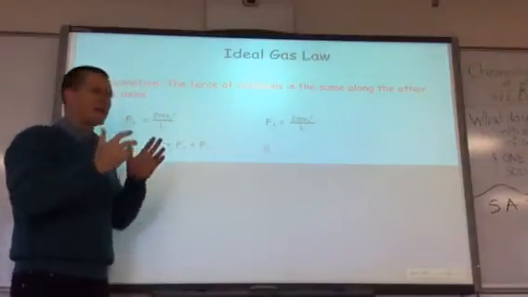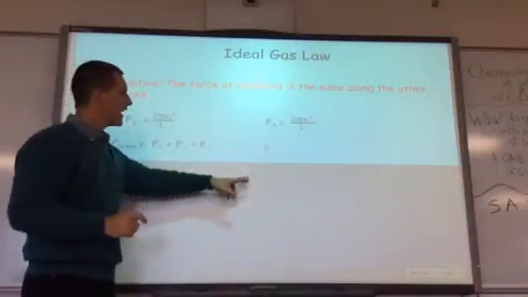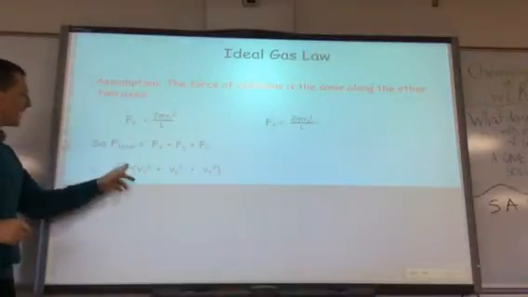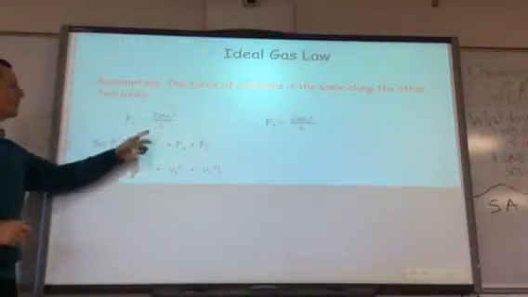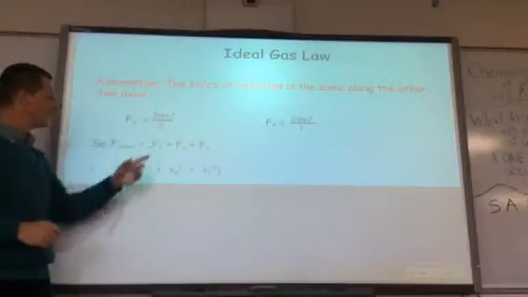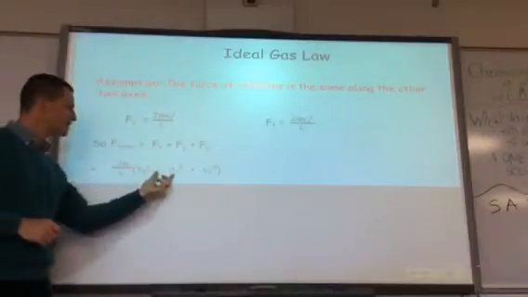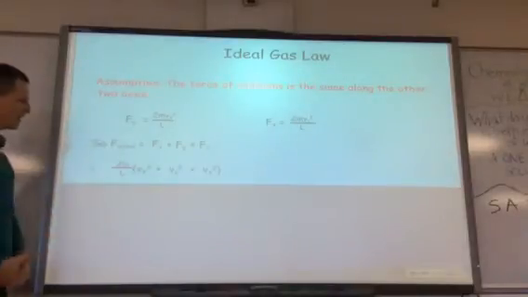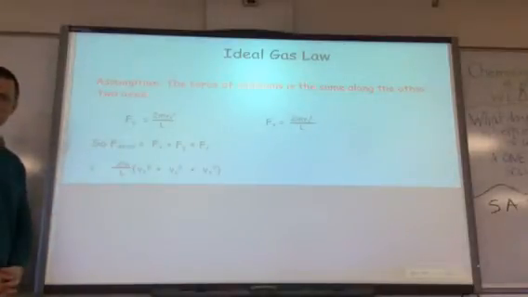And when you add them all together, every one of them has something in common. They all have the 2 in common, the m in common, and the l in common. The only thing that's different is what the coordinate on the velocity term is. So that gets pulled out. The 2m and the l get pulled out, and then it's vx squared plus vy squared plus vz squared.